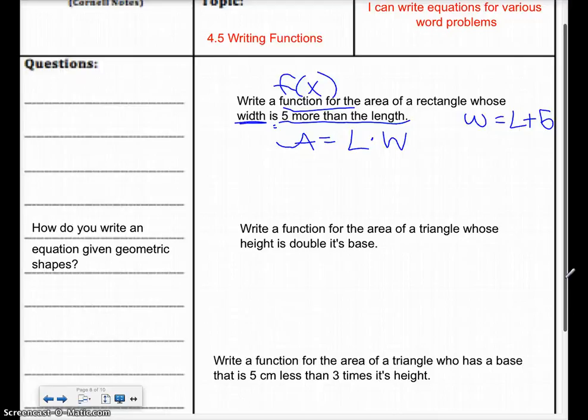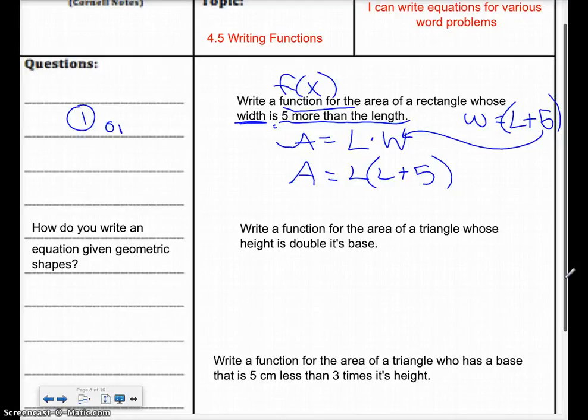My width is something different, and that needs to go where my other width is. So it's really length times my width, which is L plus 5. And there I go. That's the equation. So again, original, change as you need to. That's my process. First, original equation. The second thing I do is change. Okay?